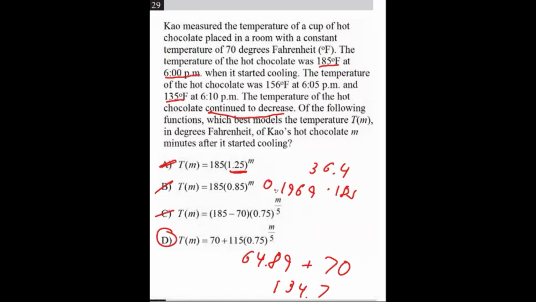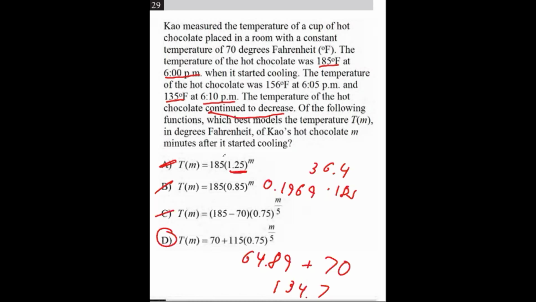And when we plug in M equals 0, answer choice C is not correct because this would just be 1 times 185 minus 70, which is not equal to 185. Between answer choice B and D, we decide that by plugging in M equals 10, because 6:10 p.m. is 10 minutes after 6. So M is equal to 10.